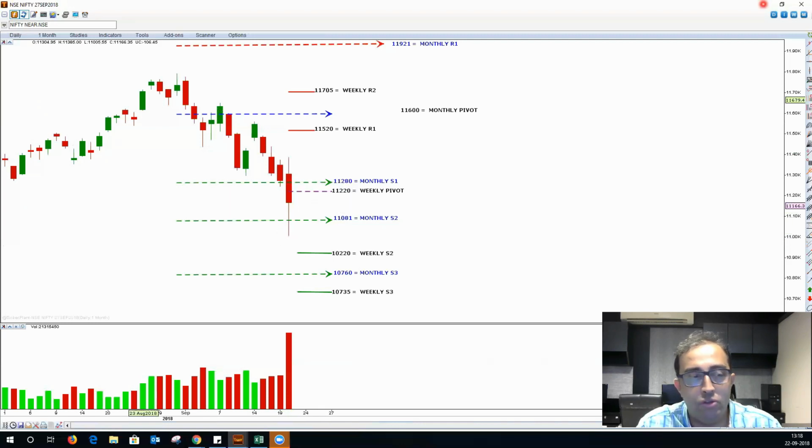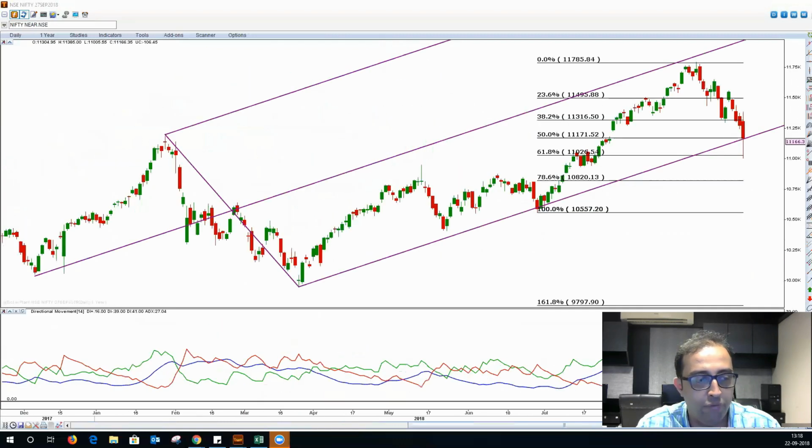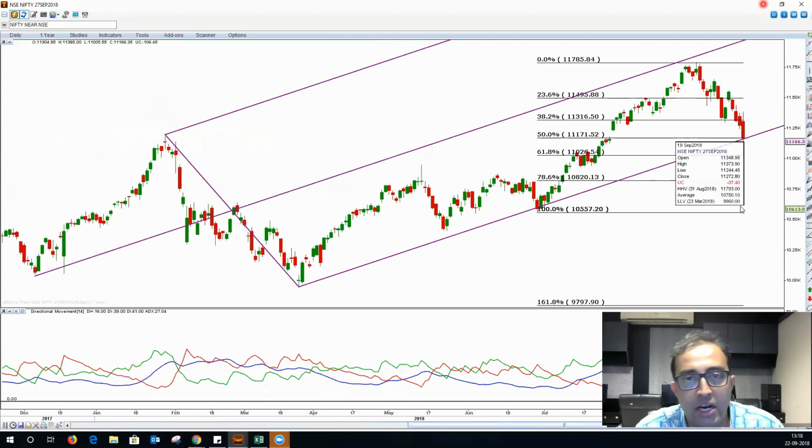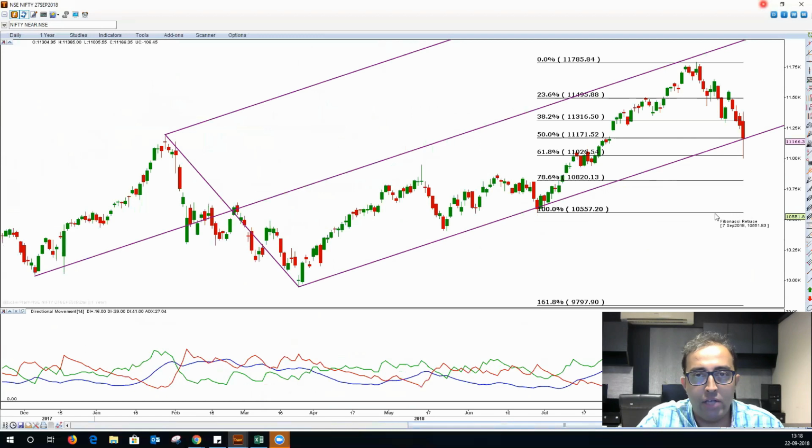I have also shown you that the Nifty is at a strong support of 61.8. So a drop towards 11,000 would be a first target, and a drop towards 10,800 will be a second target. So this is how we are placed on the indices. A negative market view coming up in the next week, so one should actually be looking at the negative side of the market.